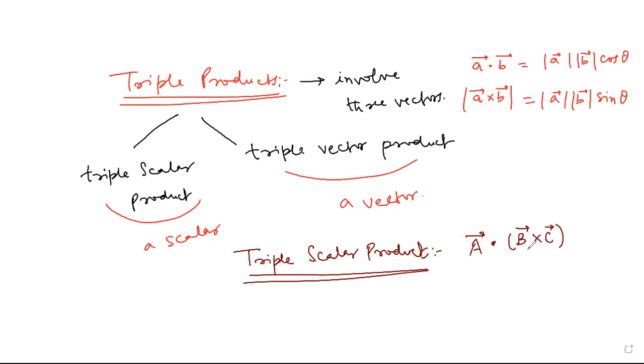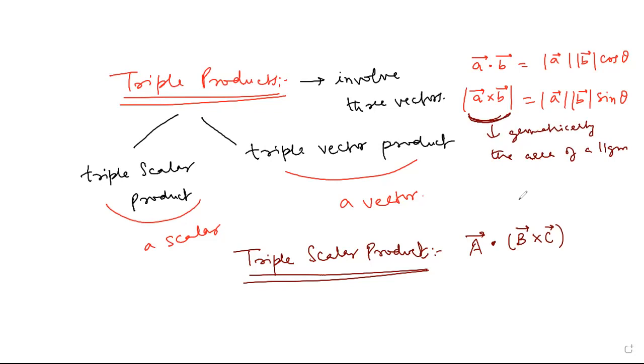Now we want to give a geometrical interpretation to it. Before that, you need to understand A cross B. The magnitude of the A cross B vector is geometrically the area of a parallelogram with A and B as adjacent sides.